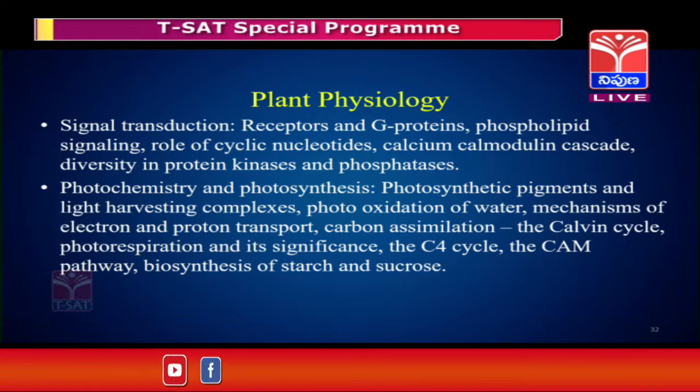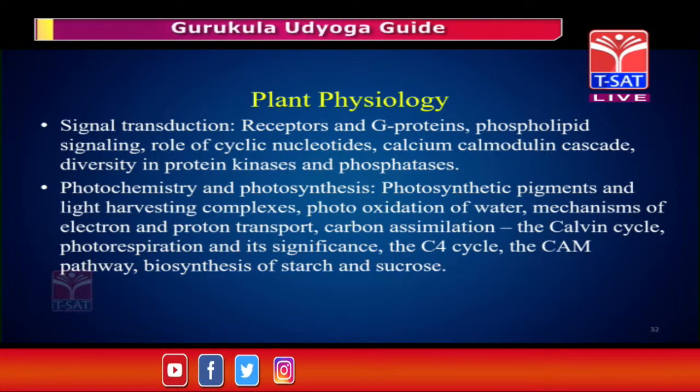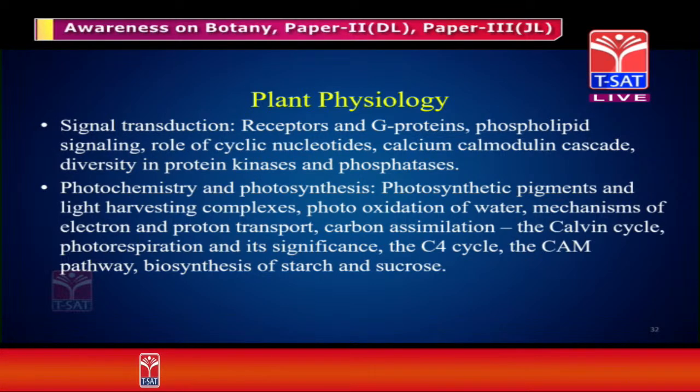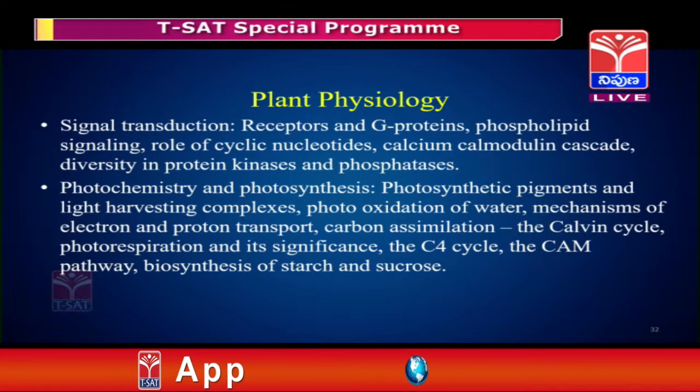Then photochemistry and photosynthesis, you should know here that the cycles have to be compared and learned, like Calvin cycle, that is C3, the C4 cycle, and CAM. They are to be compared.